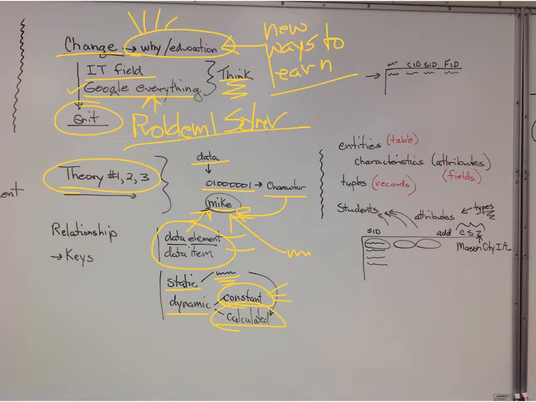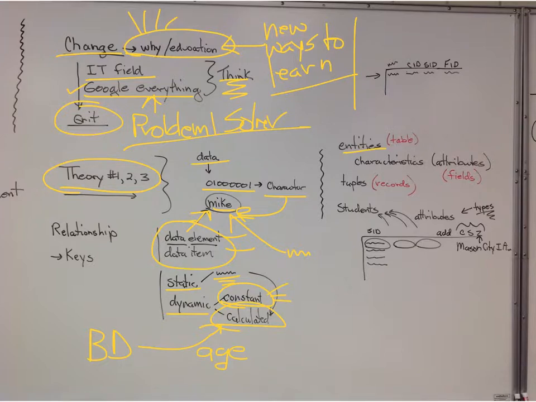A static could be your birth date, and a calculated field could be your age. We did some examples over here.